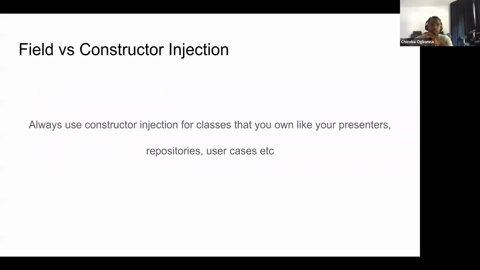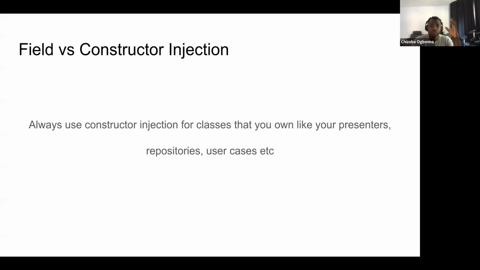Then one key thing, between field injection versus constructor injection. I've worked in a couple of code bases where I see things like this, and it really just looks so funny. So you should use constructor injection for classes that you own. If you are creating your own classes, probably some presenters, some repositories, a use case, some manager, some provider that you are the one creating, always use constructor injection.